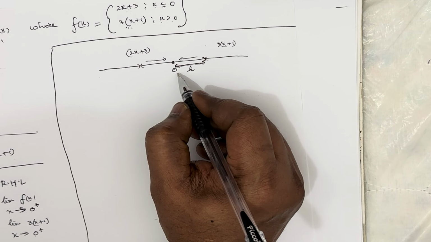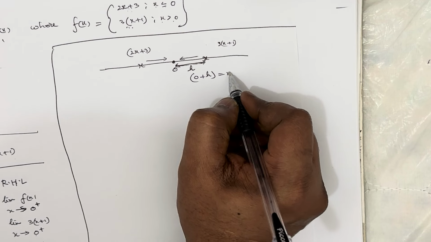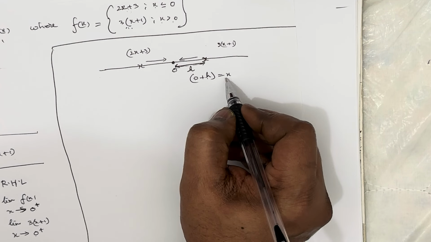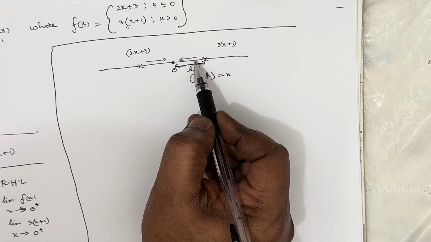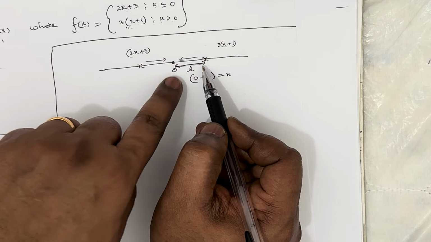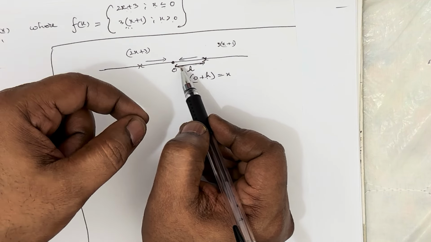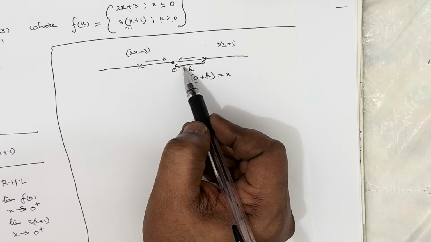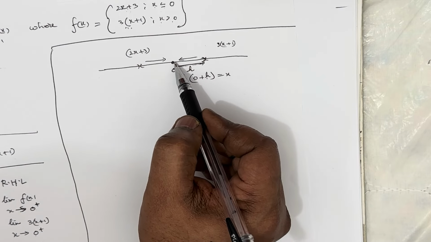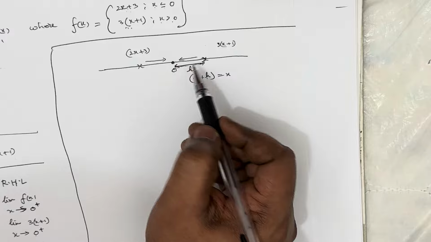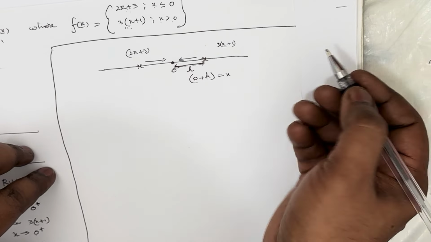So we can write 0 plus h is equal to x. 0 plus h will give the position of x. As x is moving closer and closer to 0, the length of h goes on decreasing, and it becomes very small, so that we can consider the length as 0.